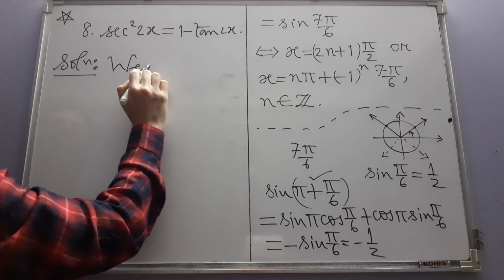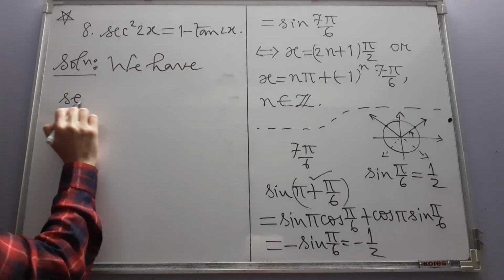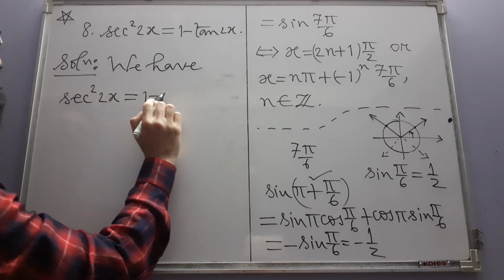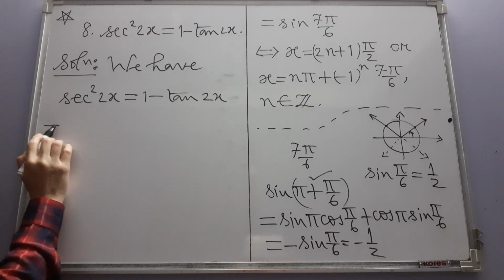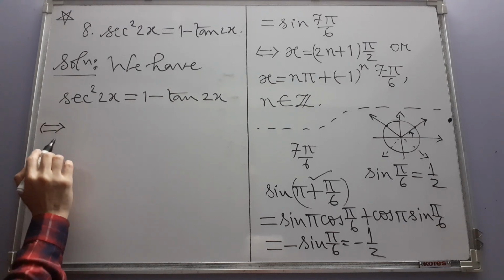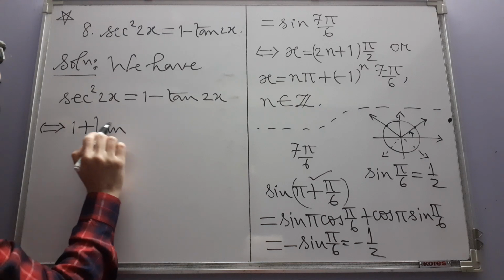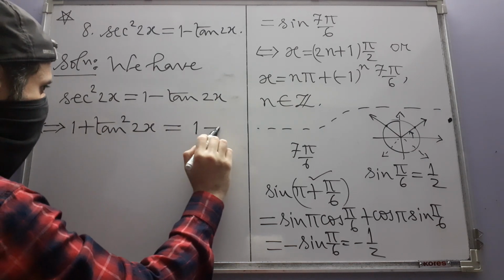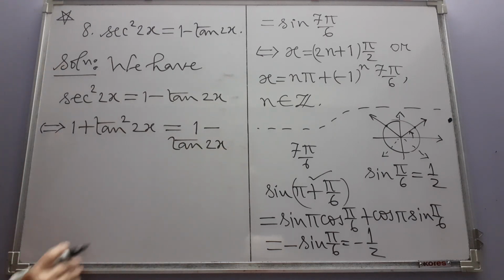We have secant square 2x equals 1 minus tan 2x. Now secant square 2x is 1 plus tan square 2x, which is equal to 1 minus tan 2x.